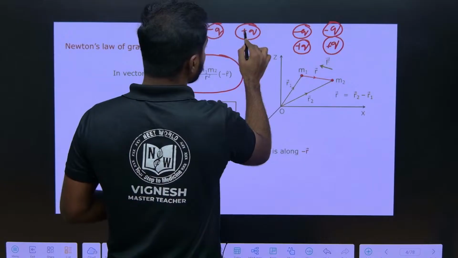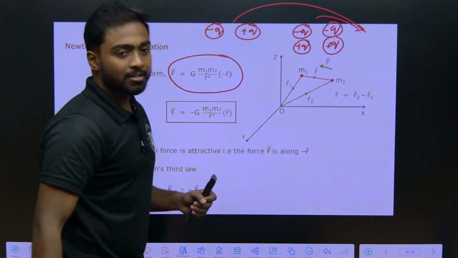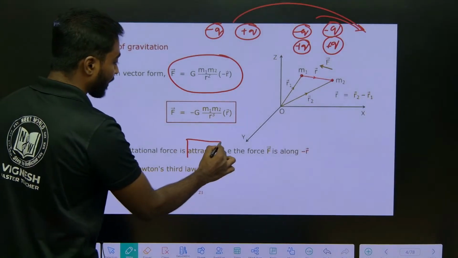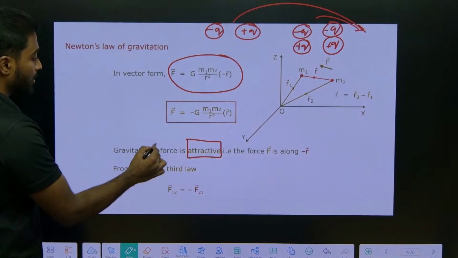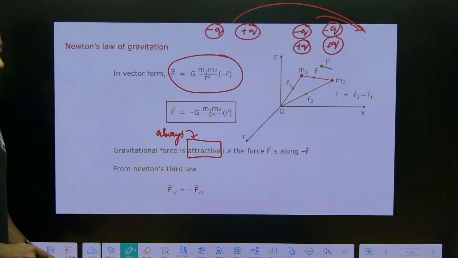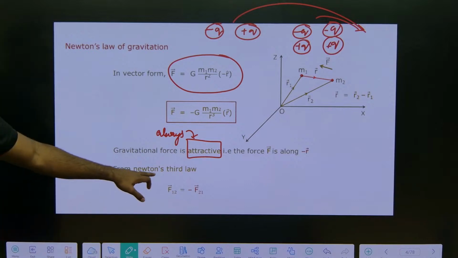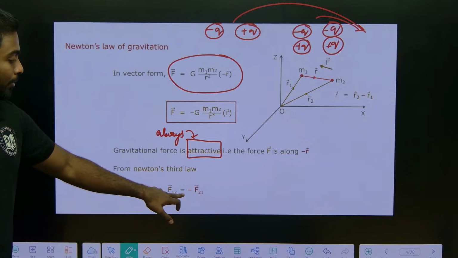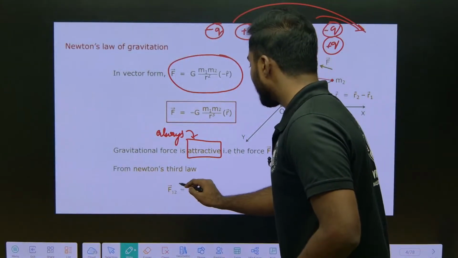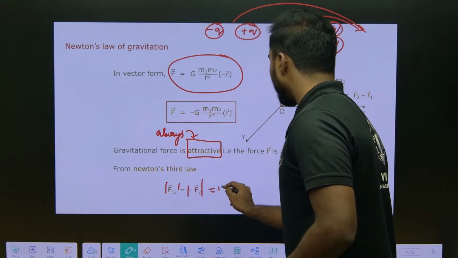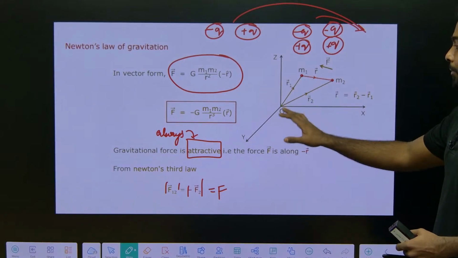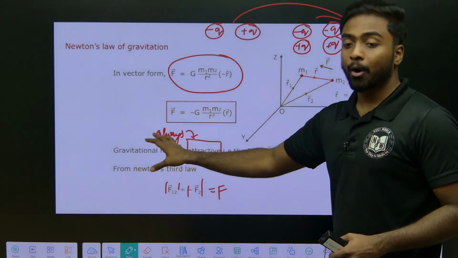So attraction and repulsion both take place with charges, whereas gravitational force is always attractive. And from Newton's third law, F12 equals minus F21. In magnitude it will be only F. So this is about the vector form, and the force is always attractive.